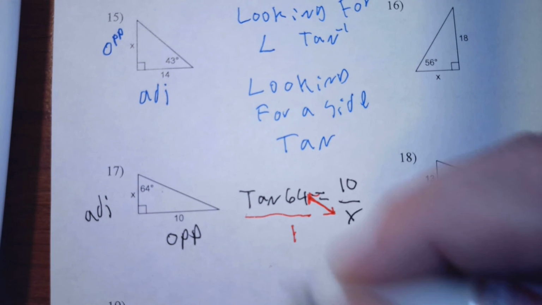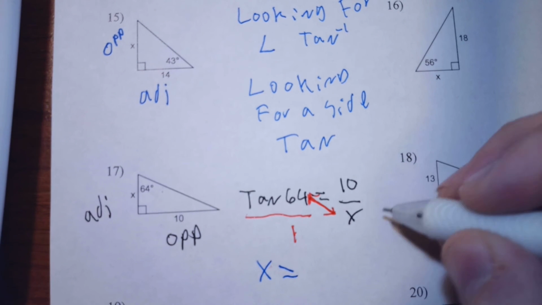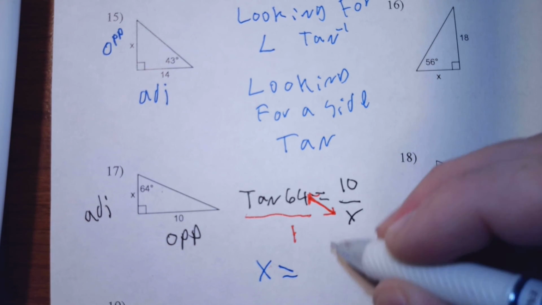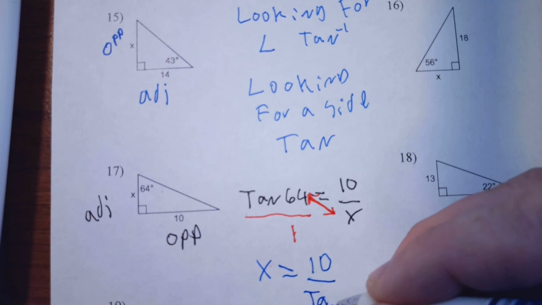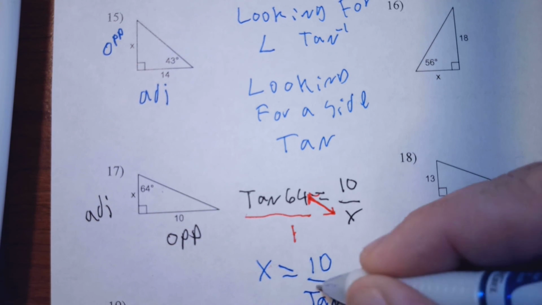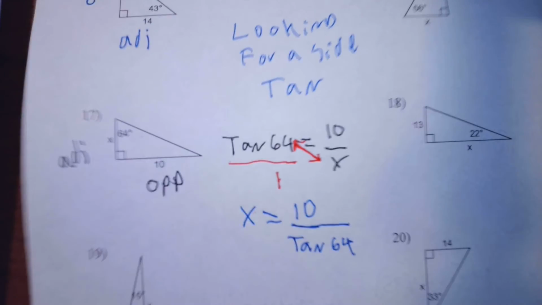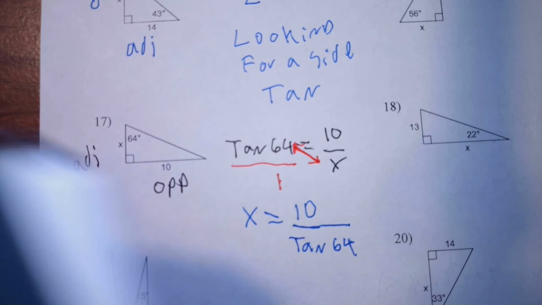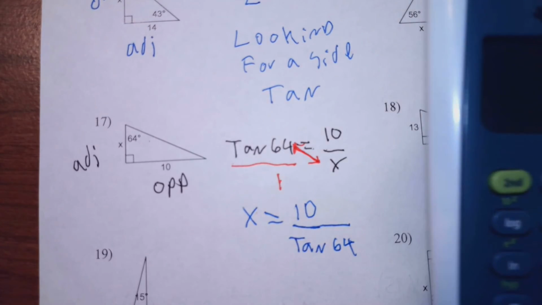So I'm going to get x equals 10 divided by tangent 64. And we can put this in our calculator and get the right answer if you have it set up right. Let me show you what it looks like before I put it in the calculator. So here we go with the calculator. 10 over tangent 64.